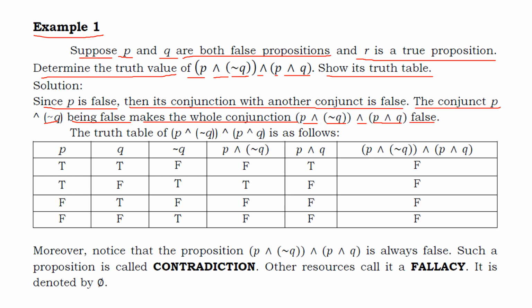So the truth table for this P conjunction negation Q, conjunction, P conjunction Q is as follows. As you can see, we will prioritize what's inside the parentheses.